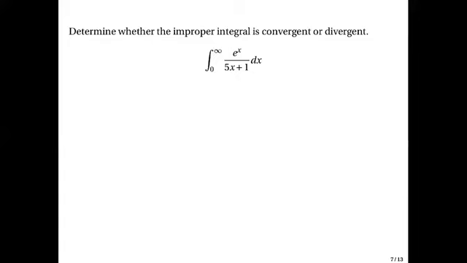So how do we do that? Note that on the interval 0 to plus infinity, e to the x over 5x plus 1 is greater than 0.